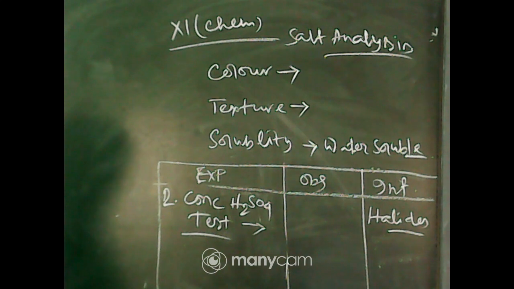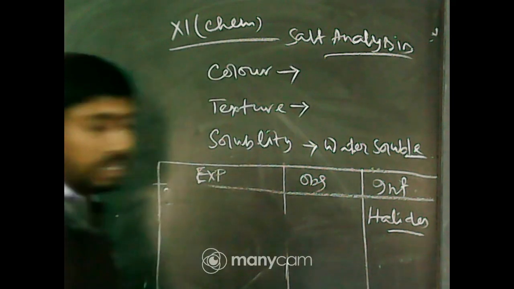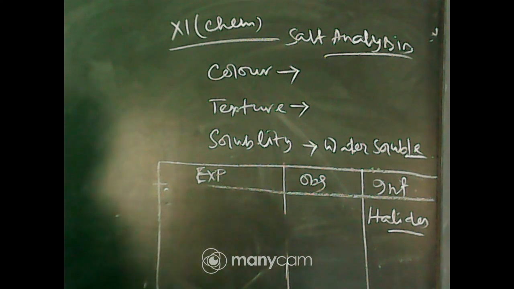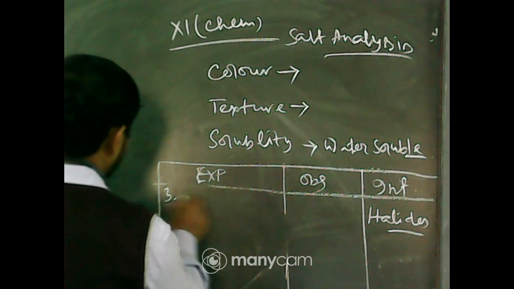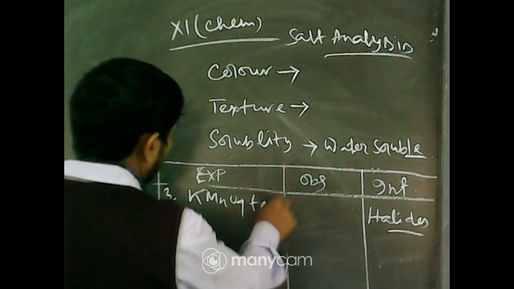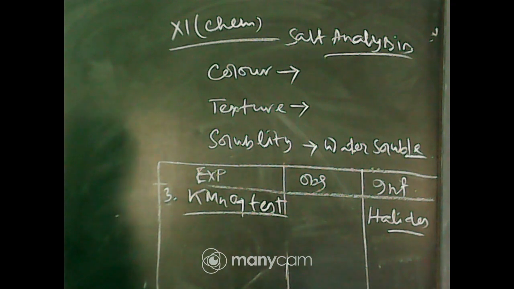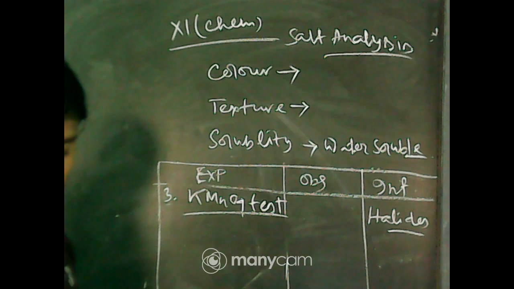Next one is the permanganate test, the potassium permanganate test. This test is also for halides and oxalates. This is the KMnO4 test. This test is also done for unsaturation, but here it is for chloride. So, what we have to do? The potassium permanganate is decolorized without the evolution of any gas.